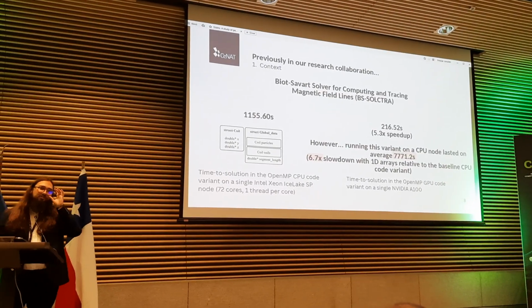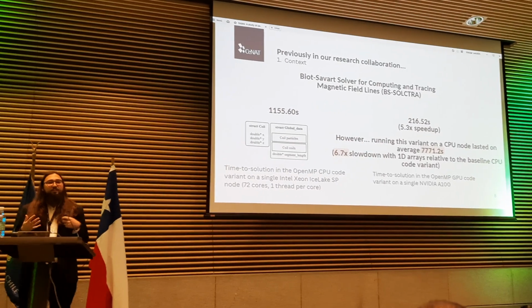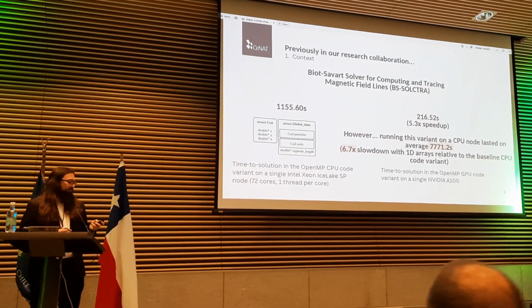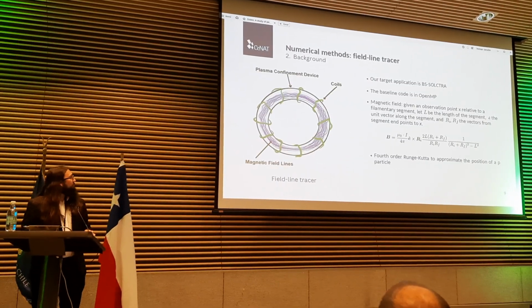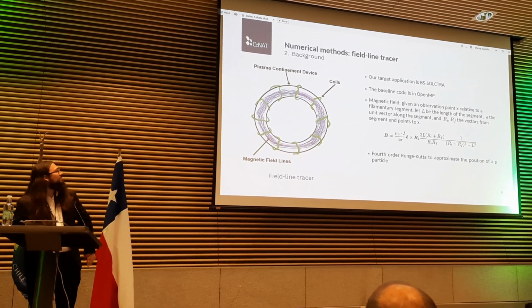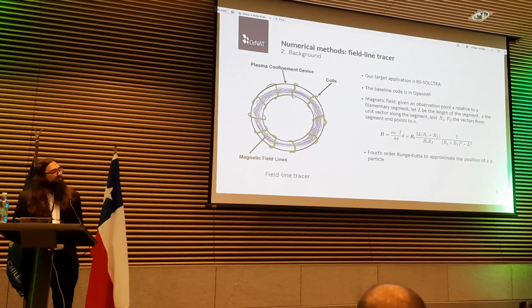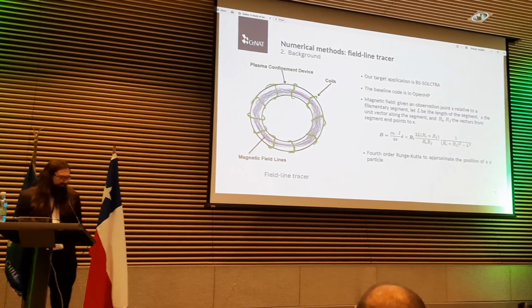So this led us to notice that there was something off, and we decided to develop a performance portable version of this code. To get a little bit into the details of what this simulation does, this is basically a field line tracer that was developed in OpenMP originally.